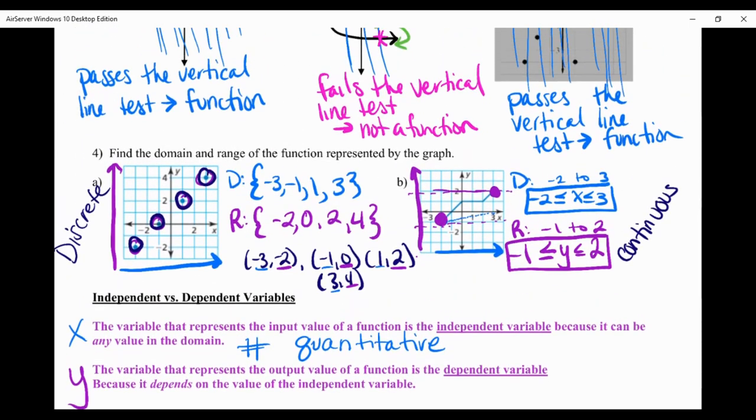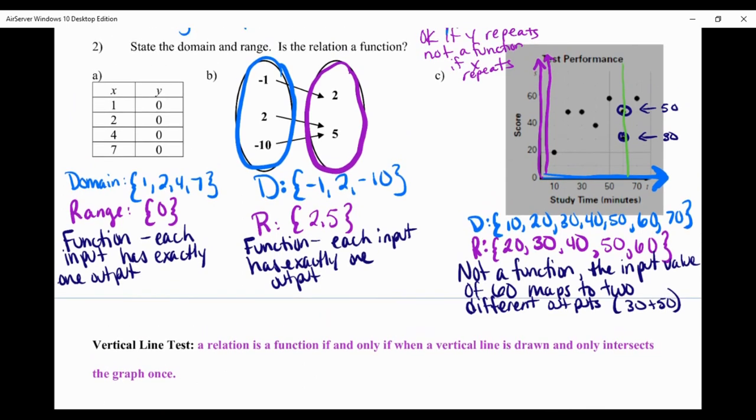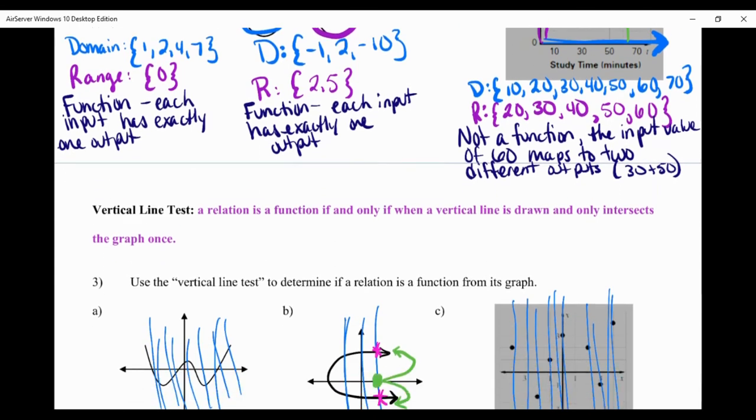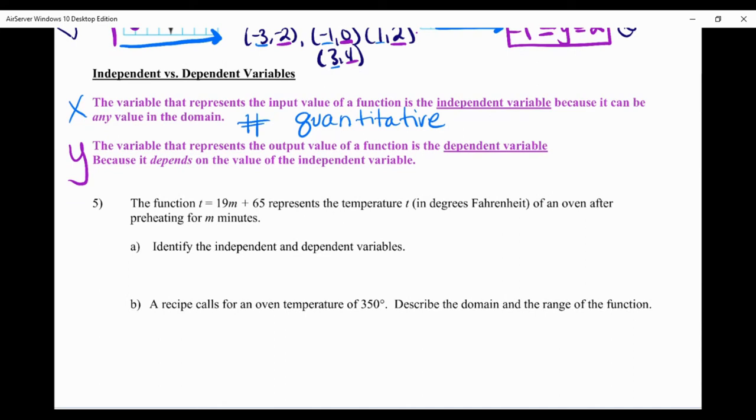In the example of comparing minutes to test scores, the number of minutes is the independent variable and the grade on your test is the dependent variable. This relation is saying that your test performance depends on how long you study. I would argue that is true. You could study for 1 minute, 2 minutes, 0 minutes, an hour, 2 hours. It doesn't depend on anything. However, the grade you get depends on how long you studied.